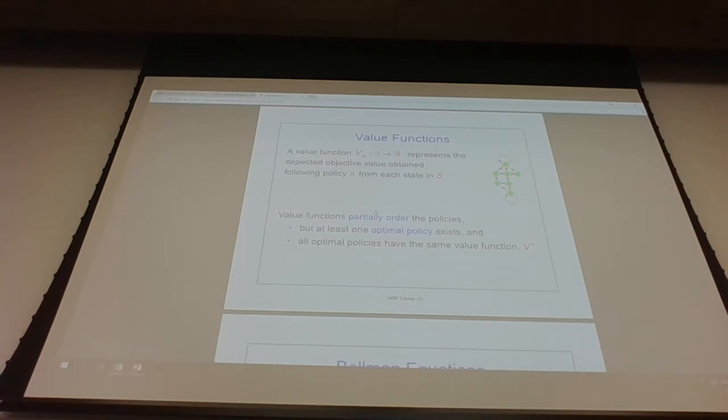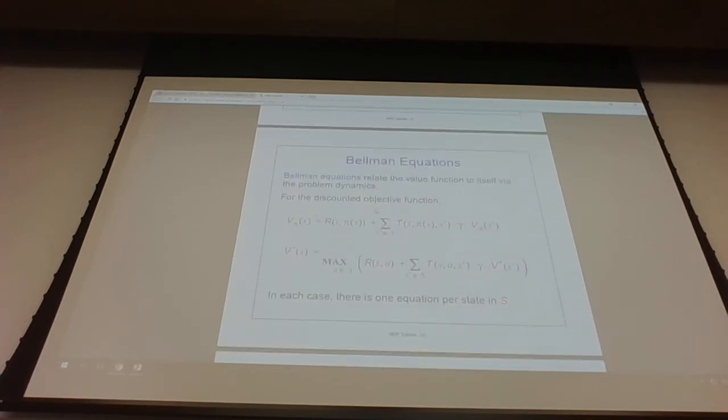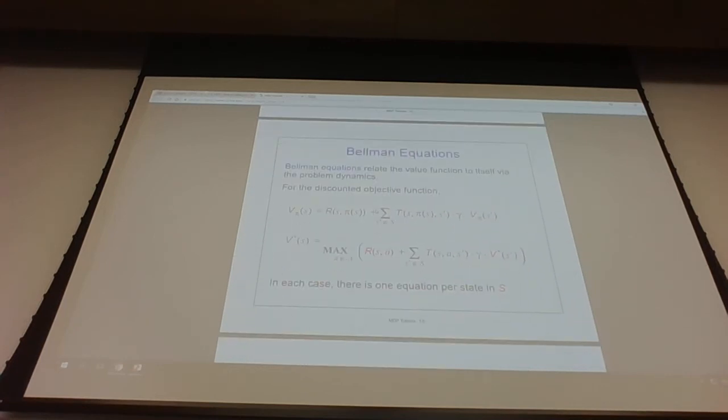So whatever is your goal, you want to maximize, you want to minimize, doesn't matter. But if you start from that state and if you take the optimal policy, no other policy can do better. Then we have the Bellman equations to calculate the value.